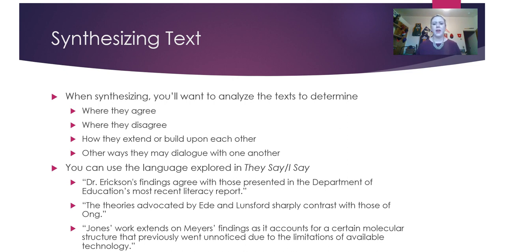And are there any other ways that they may dialogue? So, do they question each other? Does one open up sort of the doorway for other perspectives that might emerge? So these are things that you can keep an eye out for when you are putting various solutions and sources into conversation with one another in Project 2.